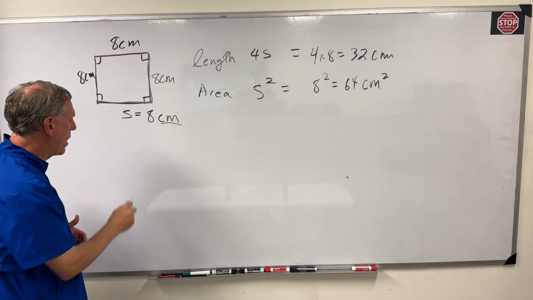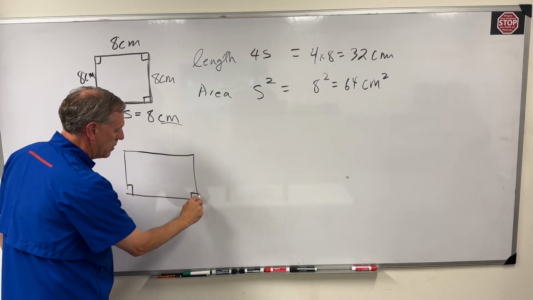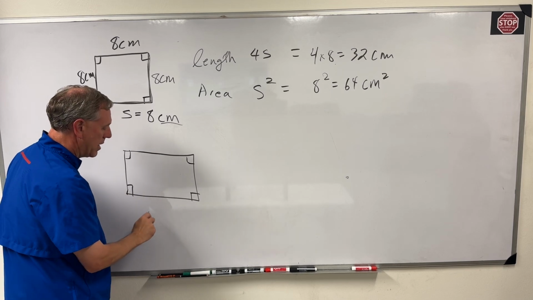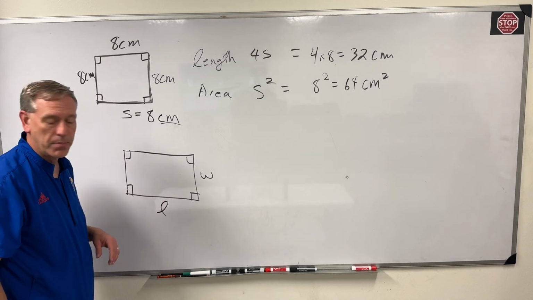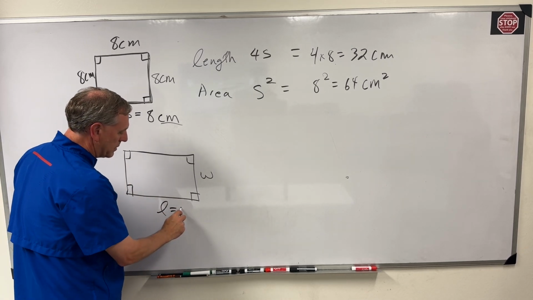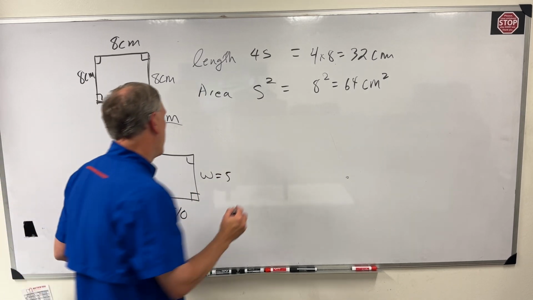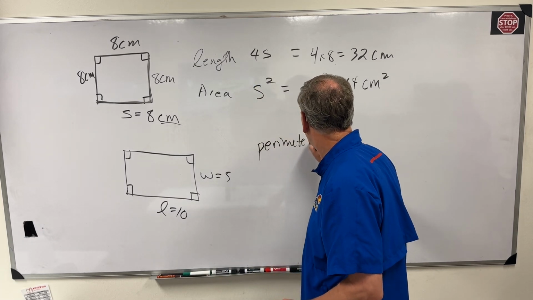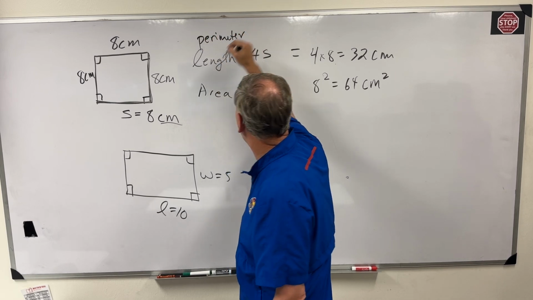Now, if we had a rectangle, where again we have right angles here, but now we have the length and the width, these aren't the same. So let's suppose in this case our length was 10 and our width was 5. In this case, we would have the perimeter, the length around the object.